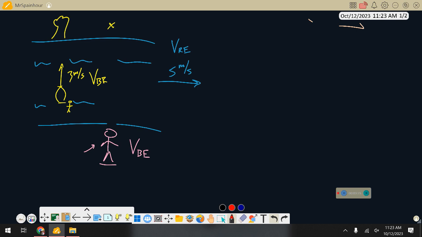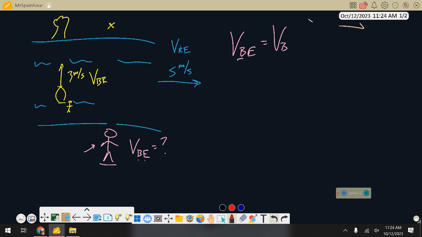Now, making that equation, as we talked about in class, we'll get very mechanical with it. We're trying to figure out the velocity of boat to Earth. So what are the mechanics of this? The first letter of what you're trying to find should be the first letter of your equation. The second letter of your equation should be your third frame of reference. So we have boat, we have Earth, and the third frame of reference is the river right here.